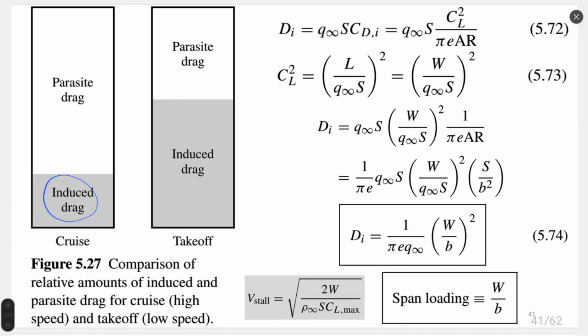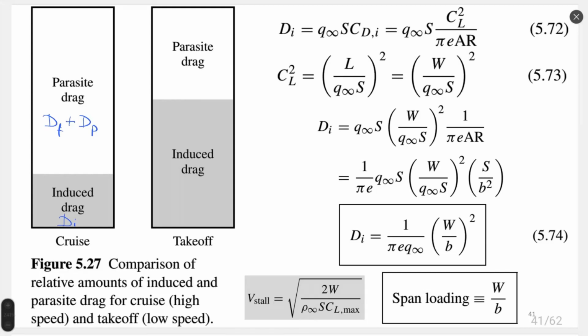We know parasite drag is pressure drag and shear stress drag. These two drags which we had in airfoil. So this parasite drag is, let me write here, dF plus dP. And this induced drag would be di.